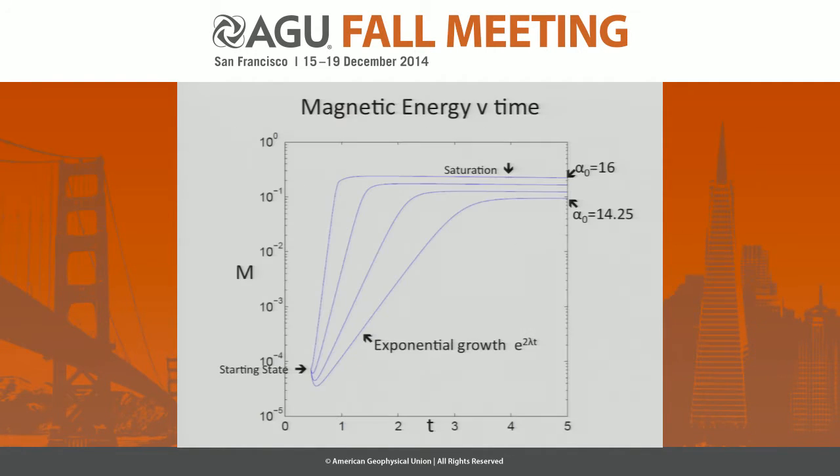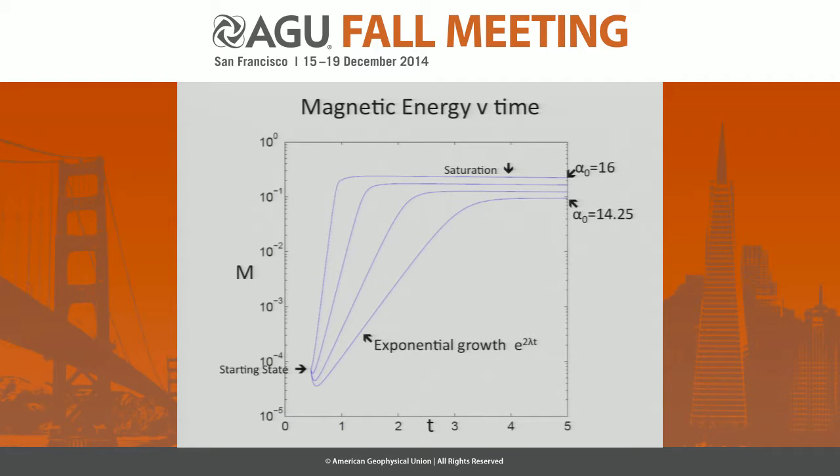We just use a couple of models to demonstrate. Here's one of our models. So we go from a common starting state here, and then we go to an alpha greater than the critical value, and you get a solution like this. It grows exponentially, and then it saturates to a steady state.